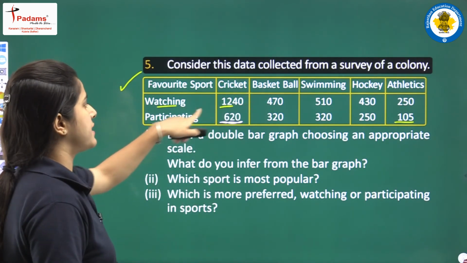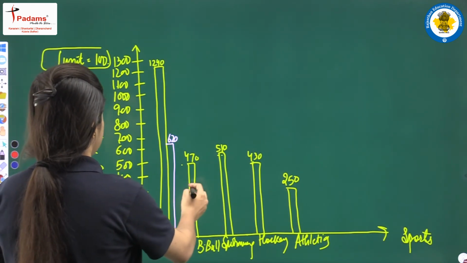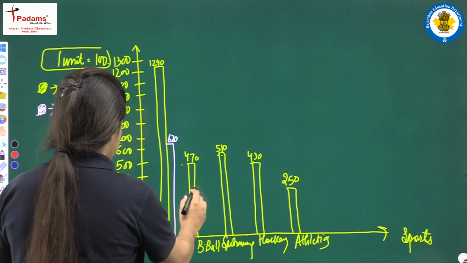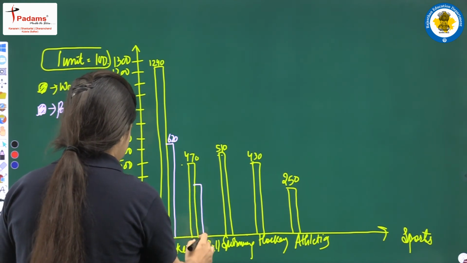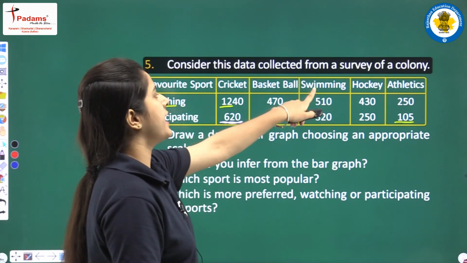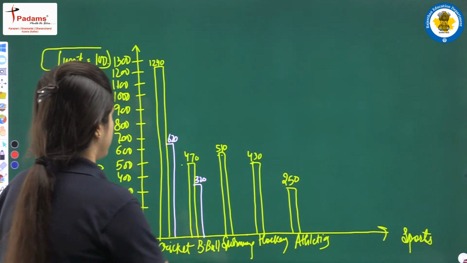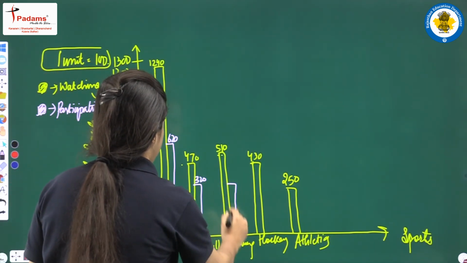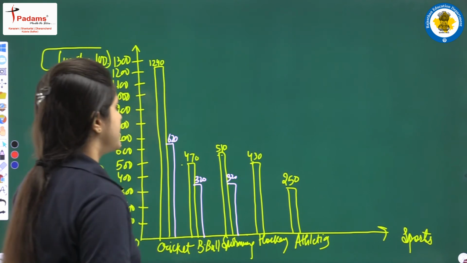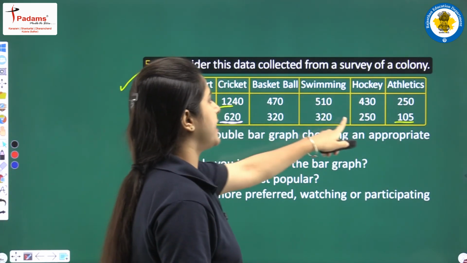Now students, basketball is participated by 320. Okay students, 320 is here. Now students, swimming is participated by 320, the same. All right students, now hockey is participated by 250.